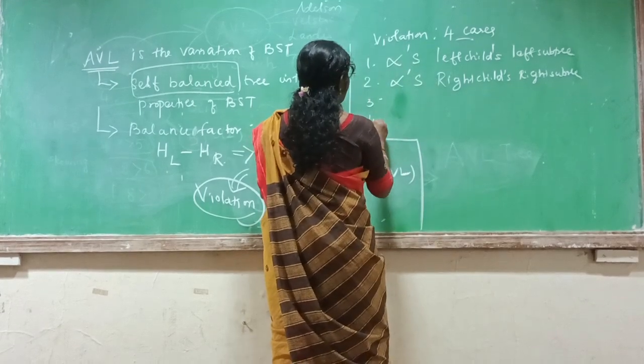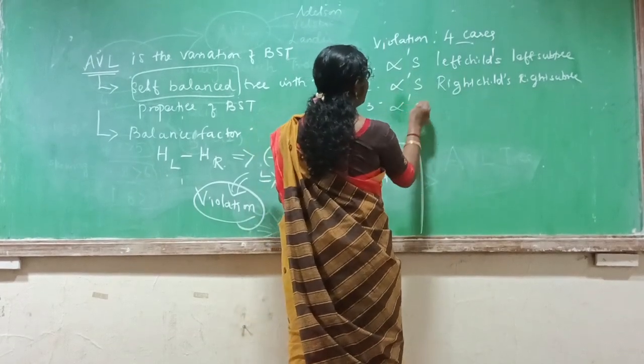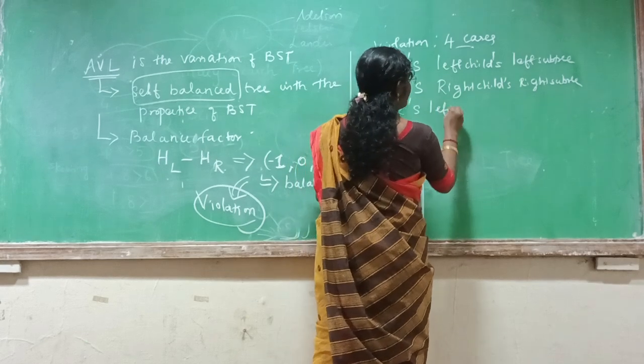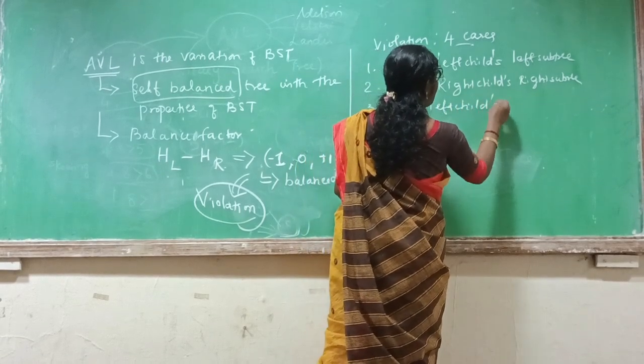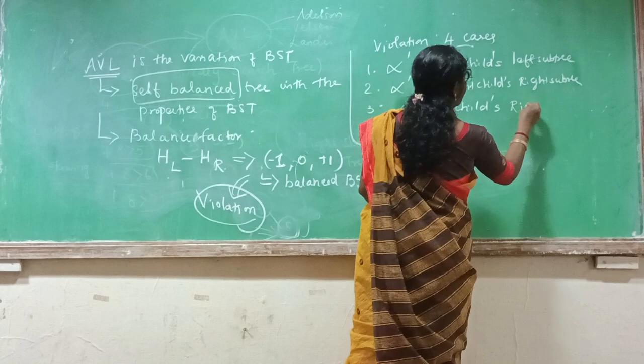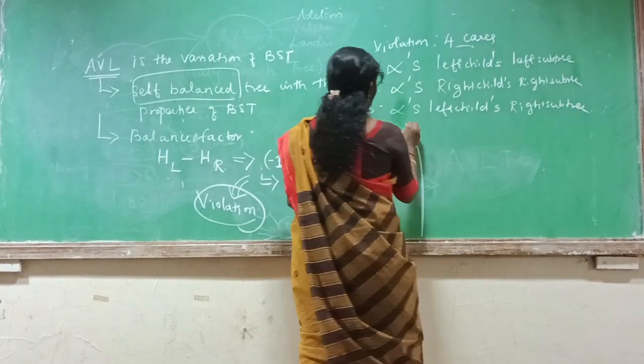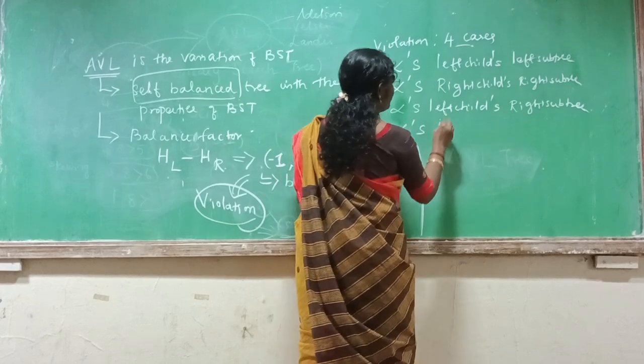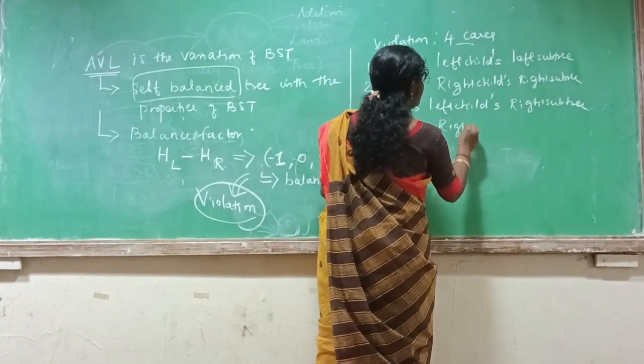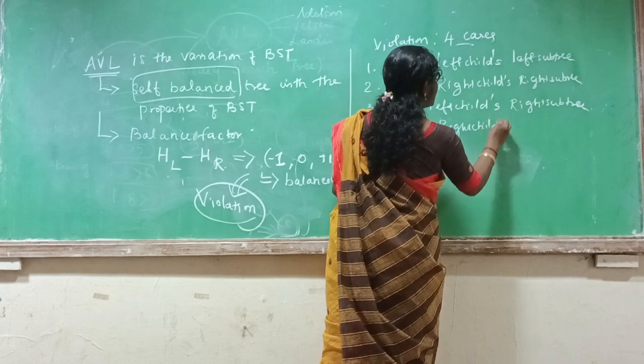And violation number 3 is nothing but alpha's left child's right subtree. And the last case is nothing but alpha's right child's left subtree.